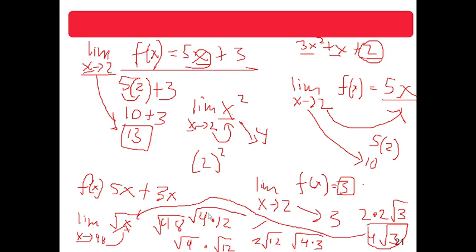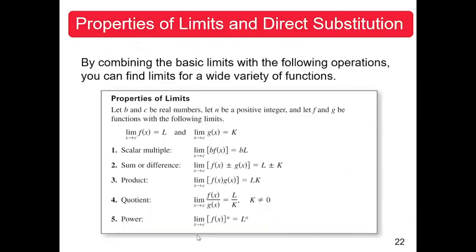So that is the basic limits. In order for you to understand more, I want you to be aware of the properties of limits. Here are some properties of limits. We have the first property, which is the scalar multiple.